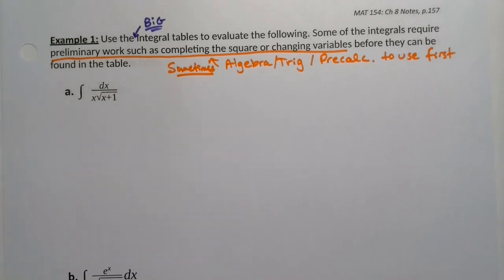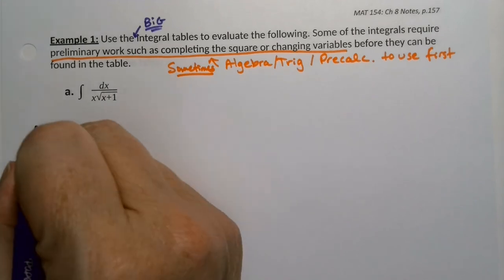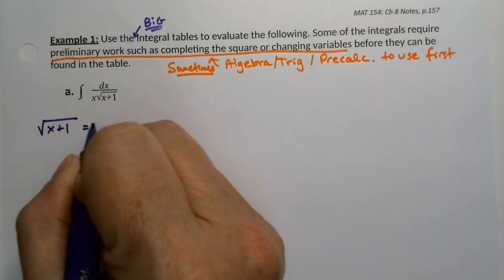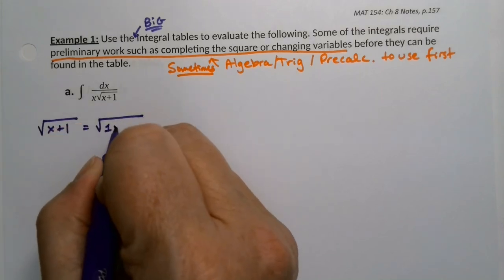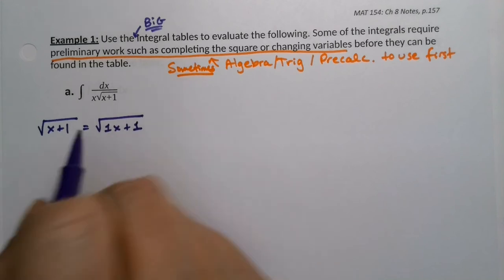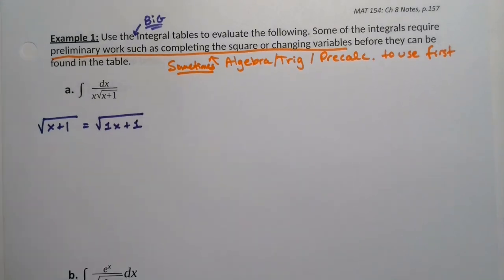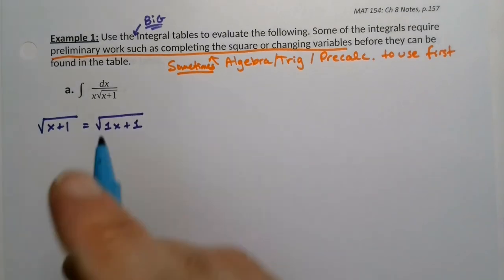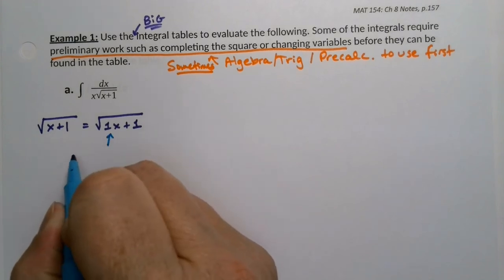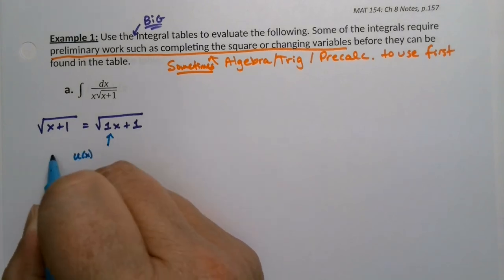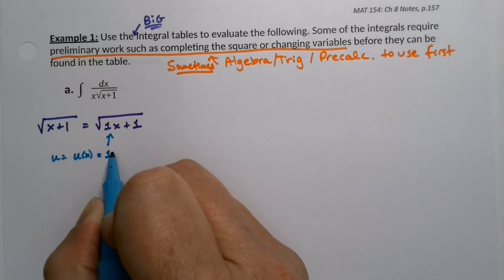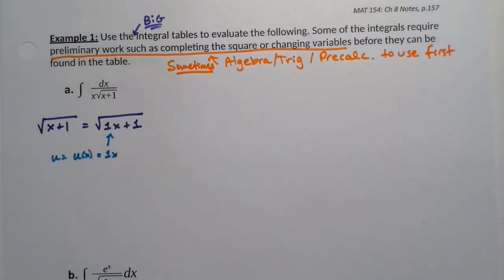If it's the square root of x plus 1, that is the square root of 1x plus 1. This is a, and that's u. So u of x is 1x, and this is a constant.